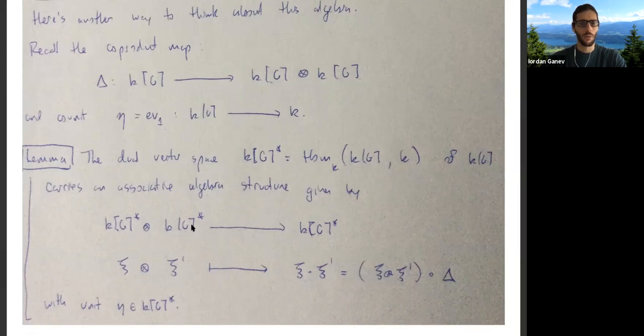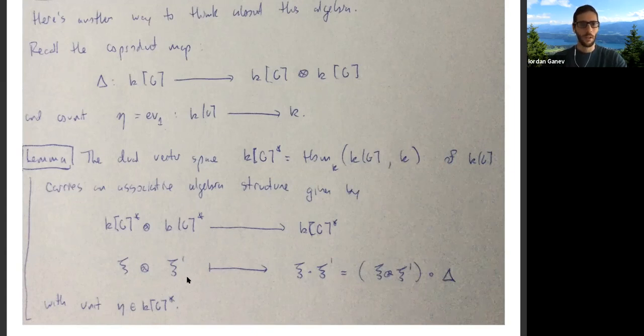If we have two functionals on K[G], what's their product? It will be another functional. How do we get it? We first apply the coproduct, then apply the functionals on each of the two factors. That's the product in this algebra. And the unit of this algebra is the counit, as a linear map from K[G] to the field.